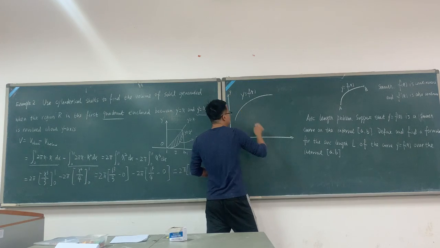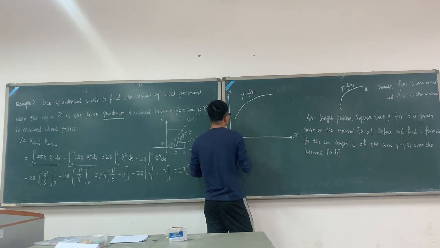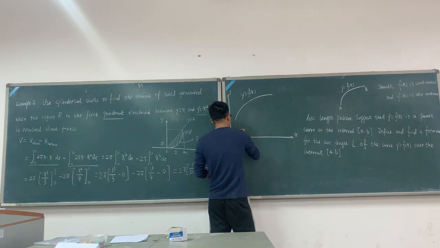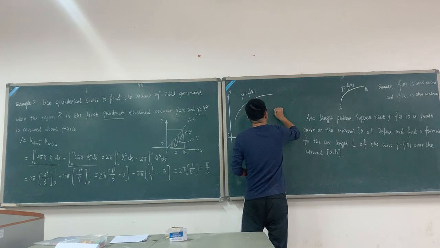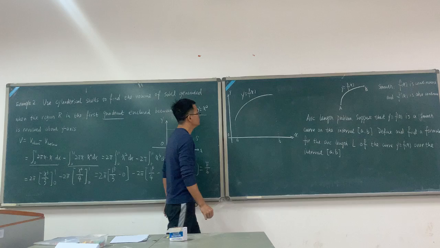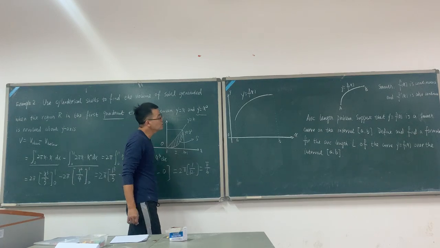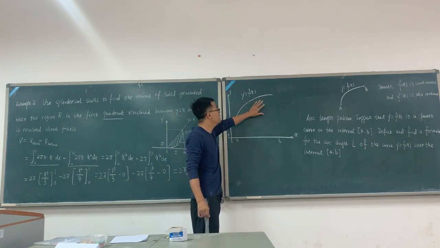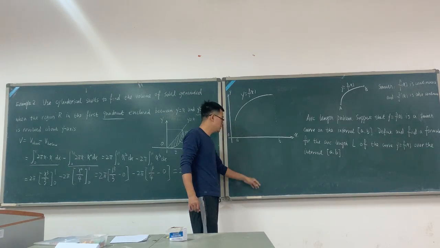Here is y, here is x, here is the origin. The left is A, the right is B. Now we need to find the arc length of y equal to f(x) over the interval AB.